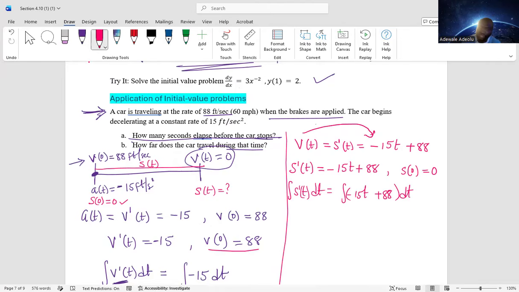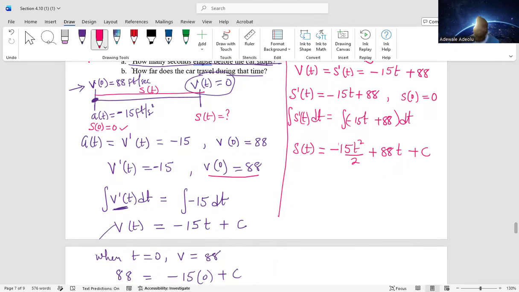If I integrate s prime of t, I will get s of t. I will keep my c here, since I'm going to add c to the other side. So this is negative 15t squared over 2 plus 88t, then plus c.